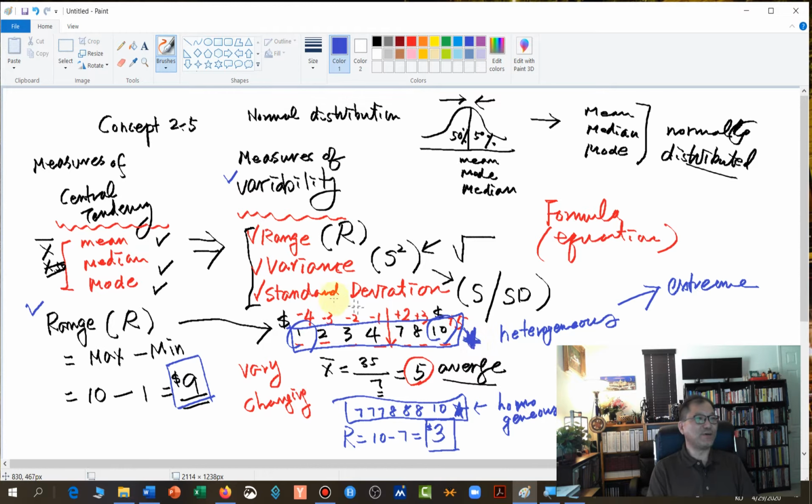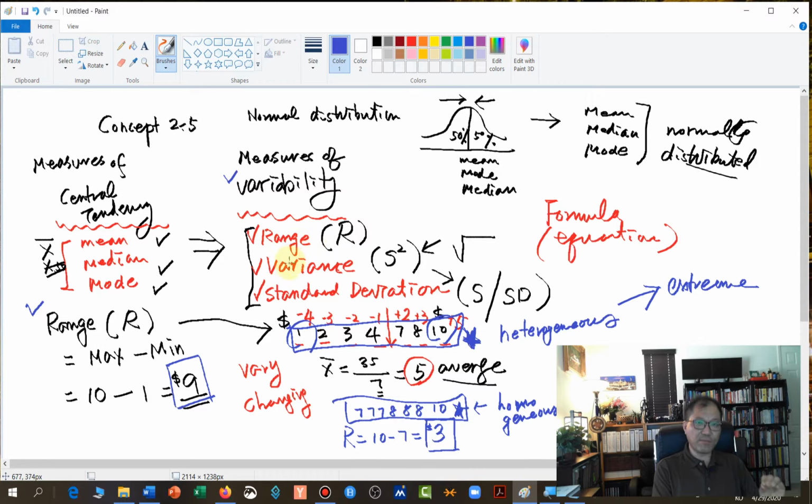Now at this point, I hope you understand the mean, median, mode to check your data's central tendency, how numbers are together. And in terms of measures of variability, some numbers are really different from the mean, median, mode. How do you calculate and find out?